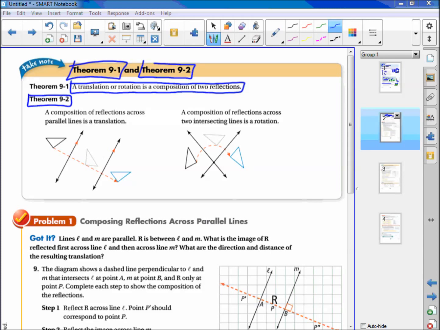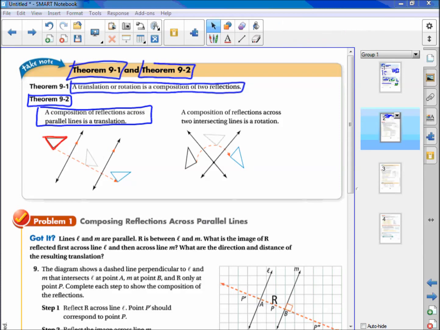All right, so our first one is a composition of reflections across parallel lines is the same as a translation. Gets the same result. So if we have this pre-image over here in red, and we could translate it along that red dotted line here, and they end up with this image over here in blue.